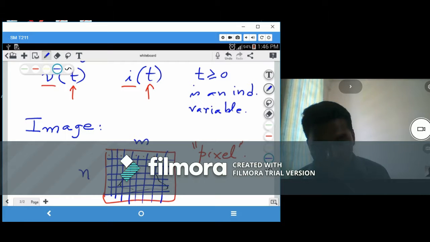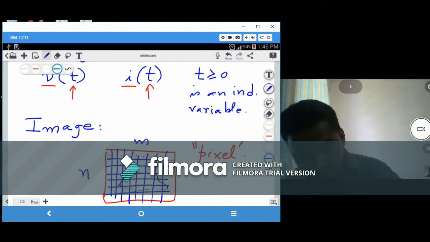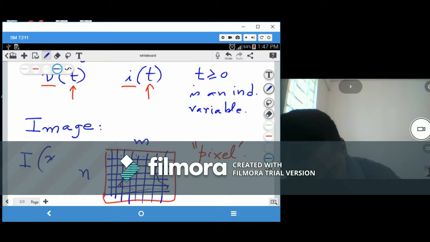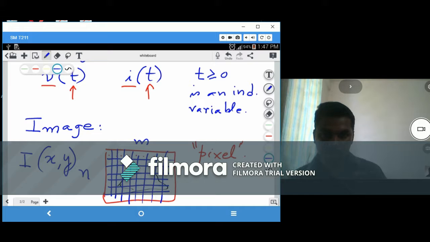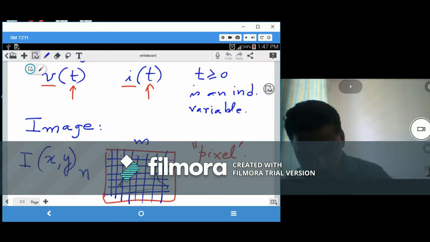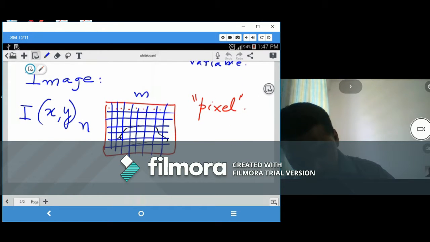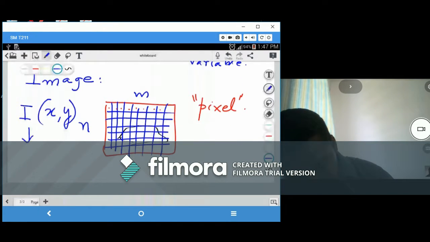Now how do I represent the intensity of each pixel? The intensity of each pixel can be written as I of xy. So xy denotes the spatial location of each pixel, and I of xy represents the intensity function, or the intensity of that particular pixel.